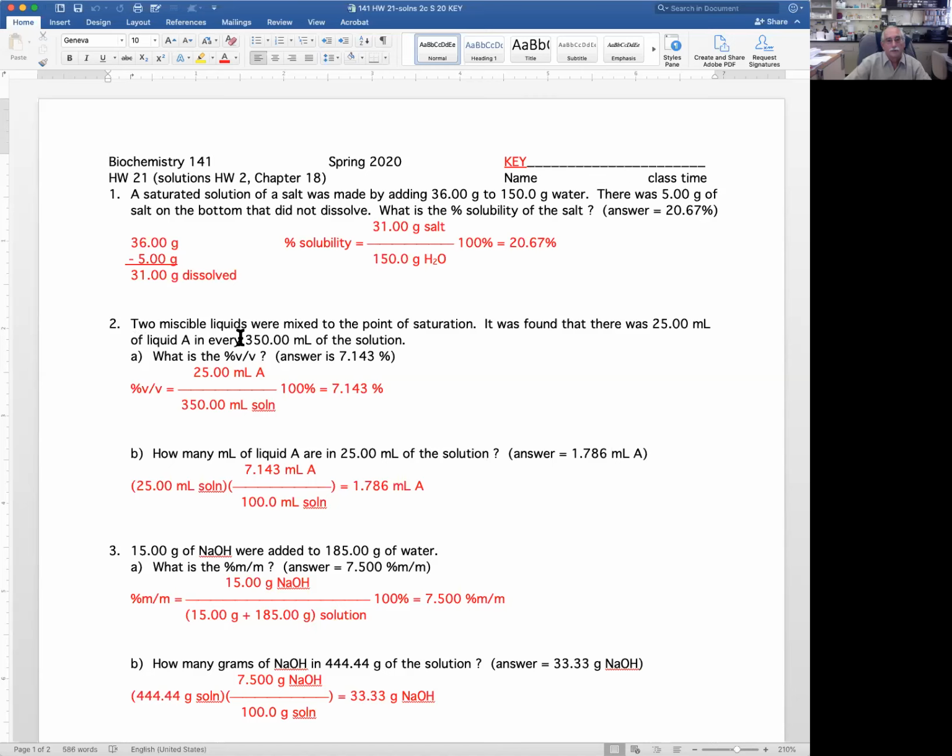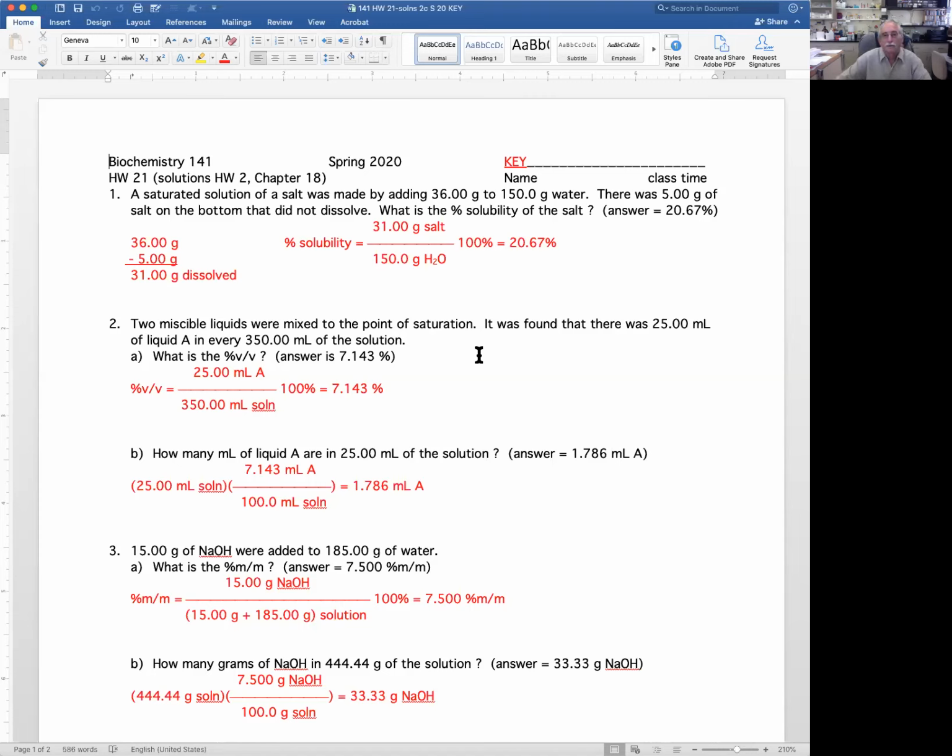So here, 2 miscible liquids were mixed to the point of saturation. In other words, you take water, maybe you take some alcohol, and you add it with mixing, then you can't get it to mix anymore. You start to see 2 layers now. One layer is the solution, and the other is the other liquid that won't dissolve into it. So now you know it's saturated.